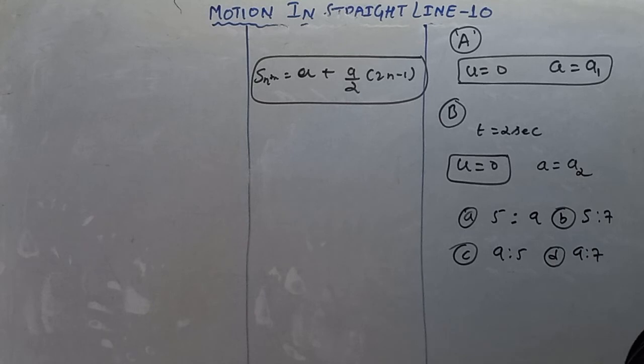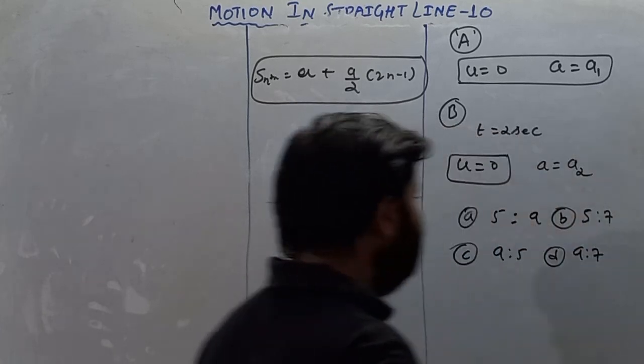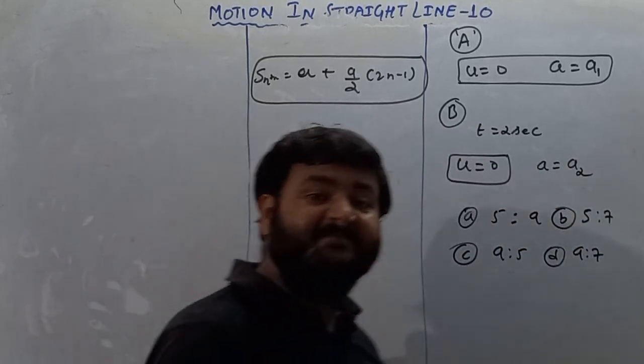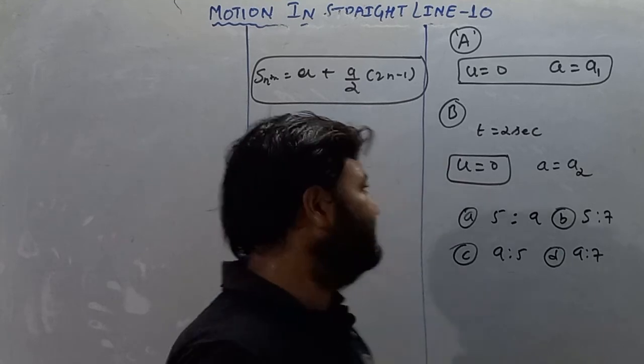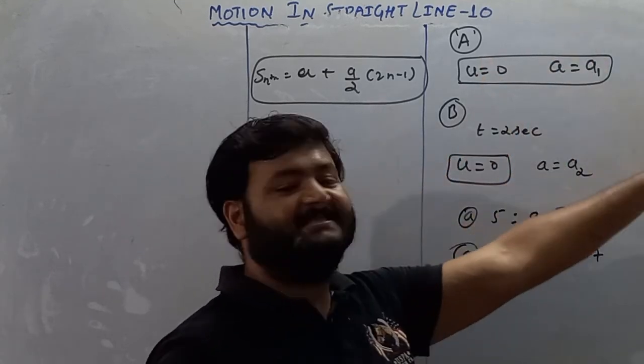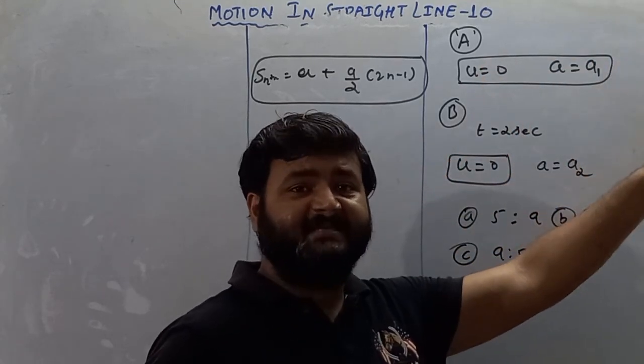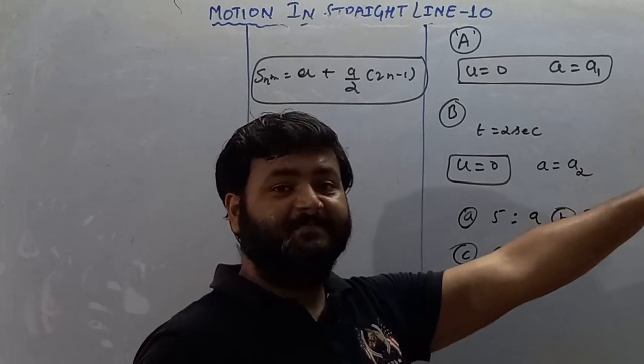So they are asking in the question, if they travel equal distance in the 5th second. So see, my dear student, both travel equal distance in the 5th second. What does it imply? Let's suppose A reaches some point X in the 5th second.